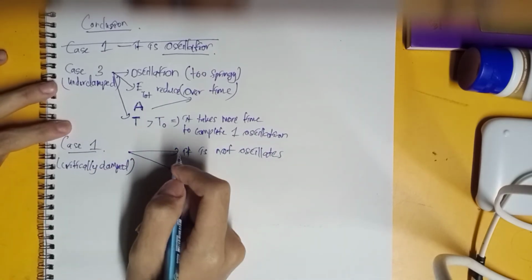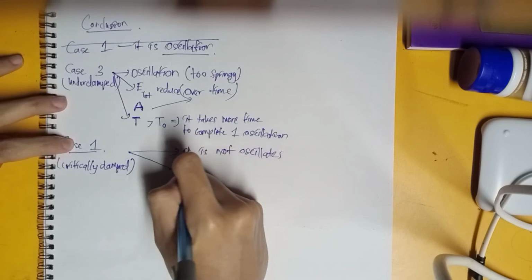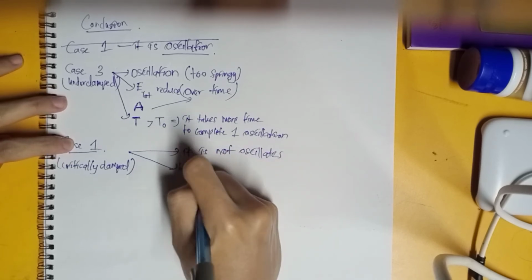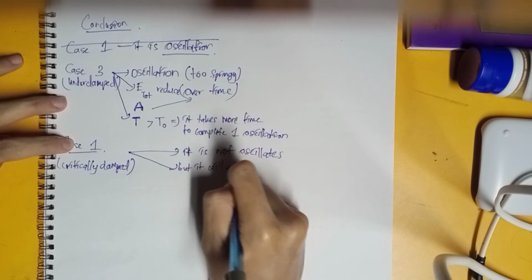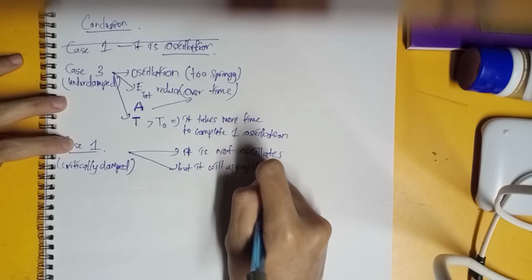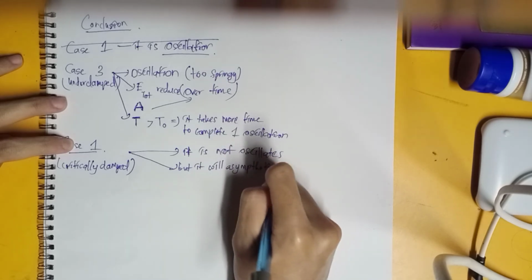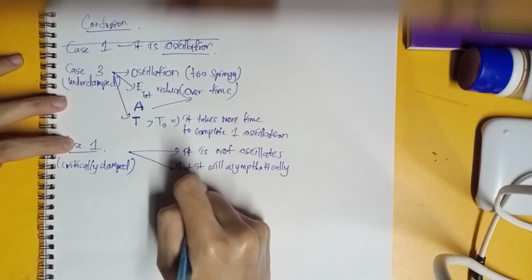And then the second one is that it does not oscillate, but it will asymptotically approach equilibrium.